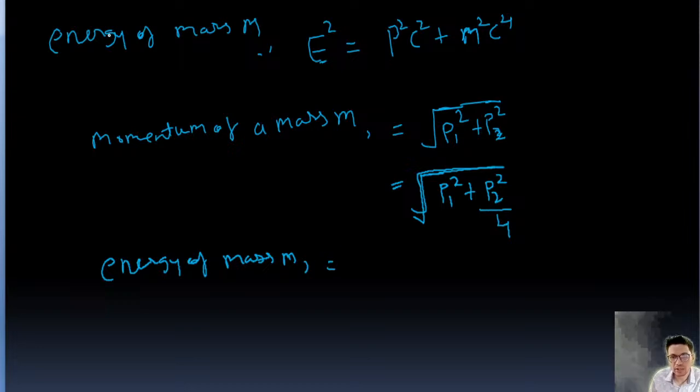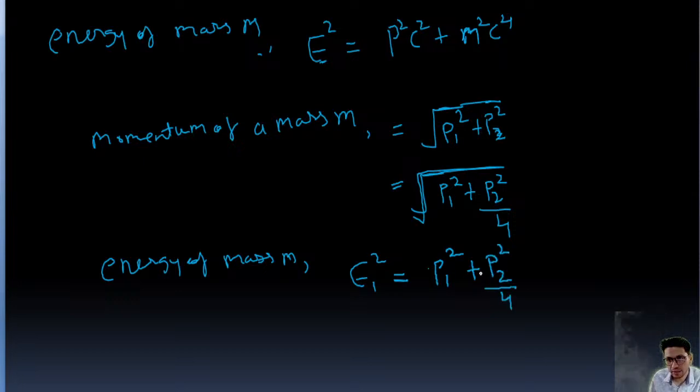We denote it by E1. So E1 square is going to be P1 square plus P2 square by 4, right?